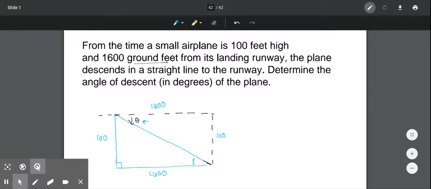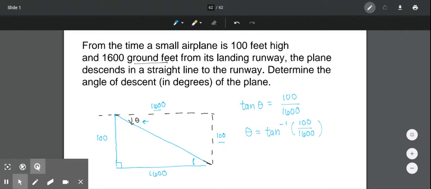To find this angle, we have opposite and adjacent, so we're going to use the tangent of theta equals the opposite over the adjacent. And to get theta by itself, we have to take the inverse tangent of 100 over 1,600.